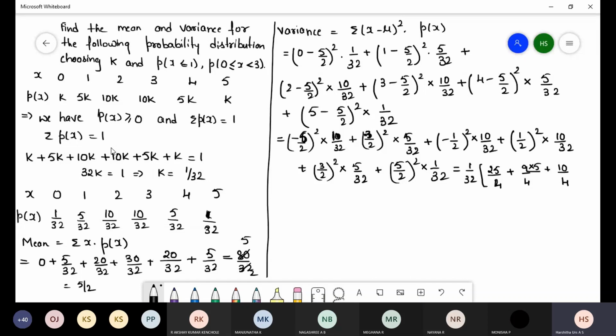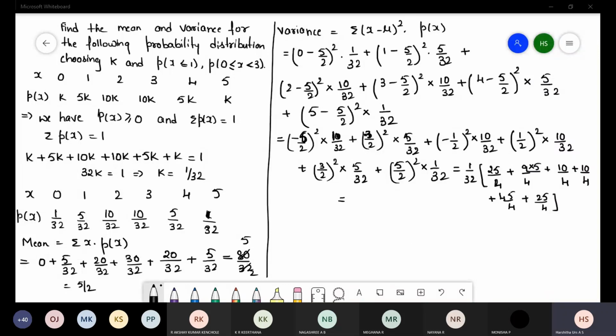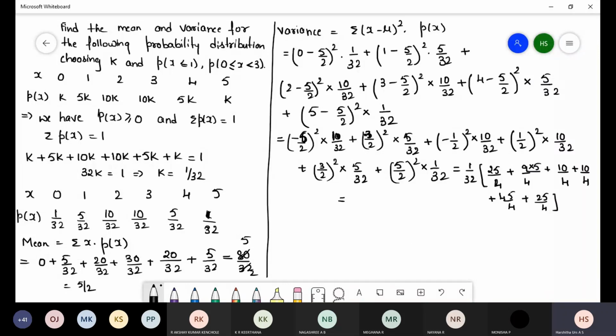Here also plus 10 by 4. Again plus 9 into 5, 45 by 4, plus 25 by 4. That gives 40 divided by 32. So 8 fives are 40, 8 fours are 32, so 5 by 4 is the answer.